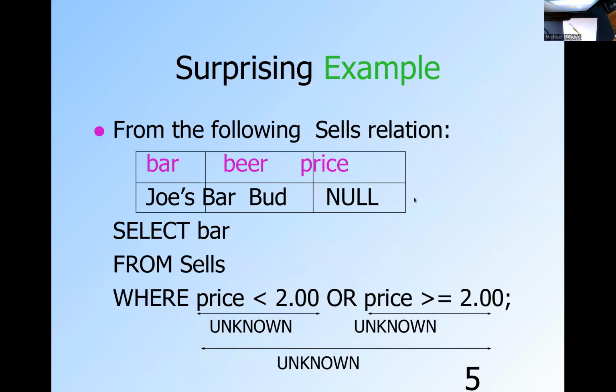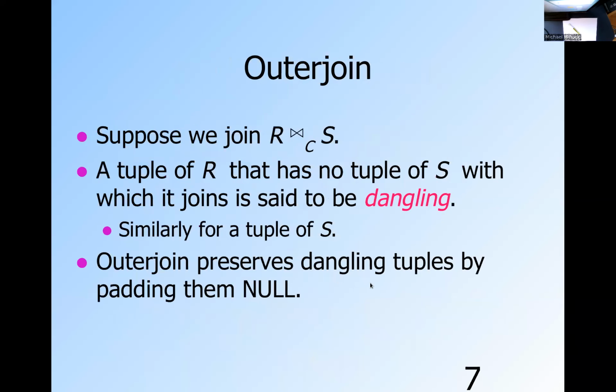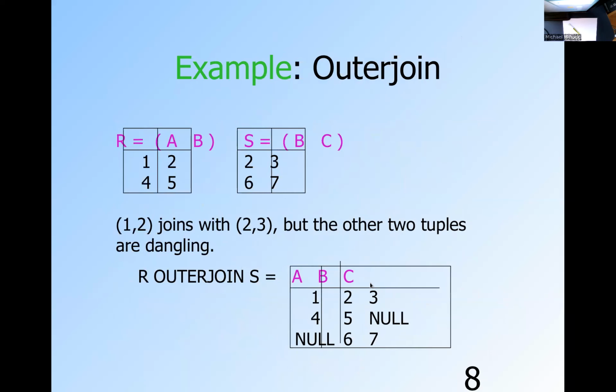This is the example we showed before: select star from the relation Sells, where we have a bar, a beer, and a price. In this case this does not become an answer because it's unknown for this and unknown for this, and unknown or unknown is unknown.